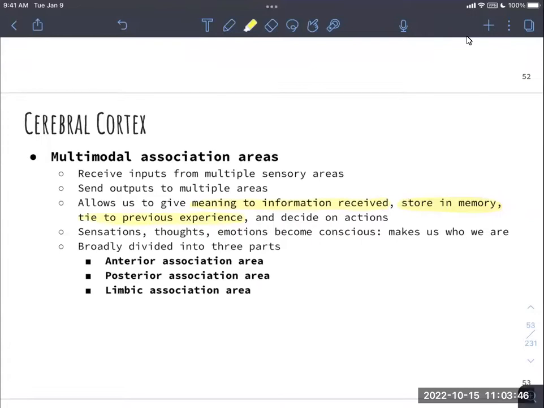Helps you tie a past experience. They'll decide on what actions you take for something. Allows for sensations, thoughts, emotions, because it makes us who we are. We have an anterior association area, posterior association area, and a limbic association area.